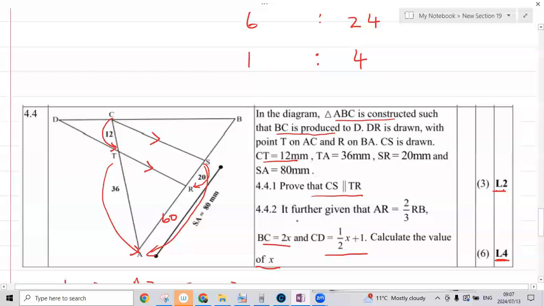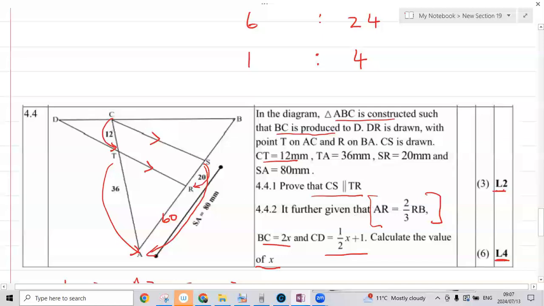Let's have a look. So the important thing for you to take note of is what do they give you here? Okay, AR is 2/3 of RB. AR is 2/3 of RB. Where's AR? Let's go have a look at that. Okay, let's fill in what we have here. Firstly, BC is 2x.